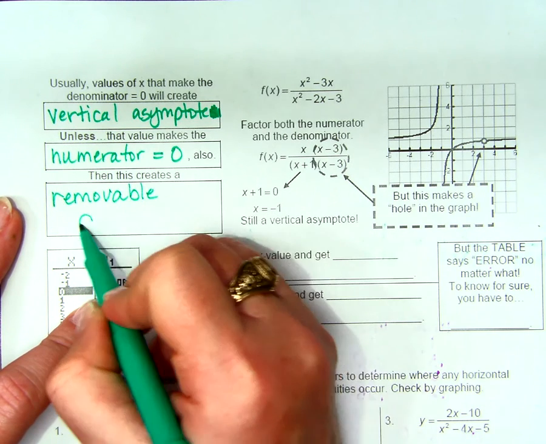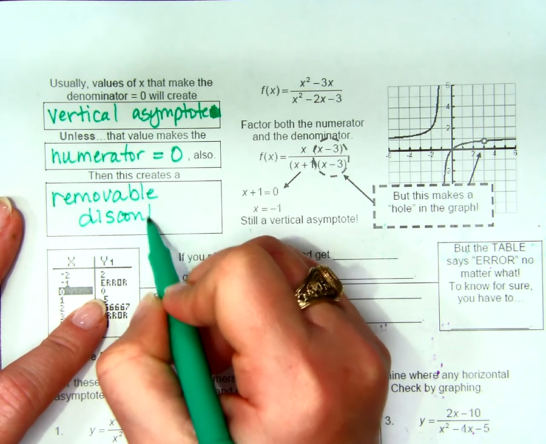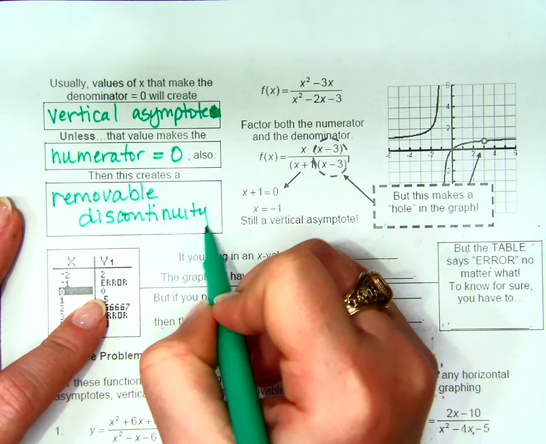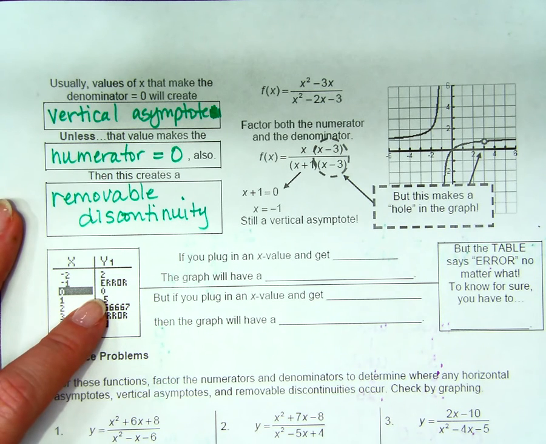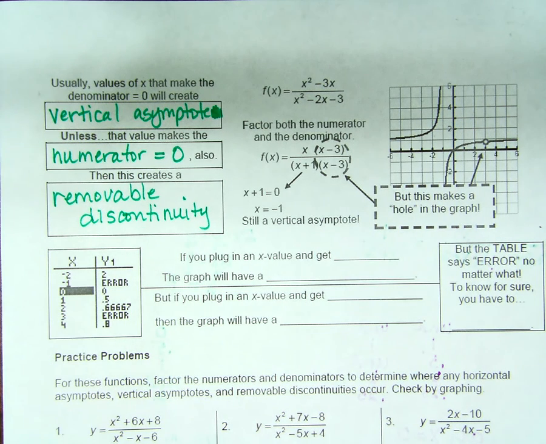Removable discontinuity. That's a removable discontinuity or a hole in the graph.